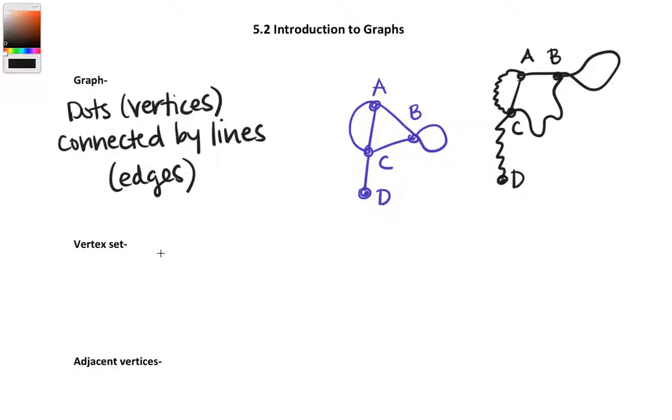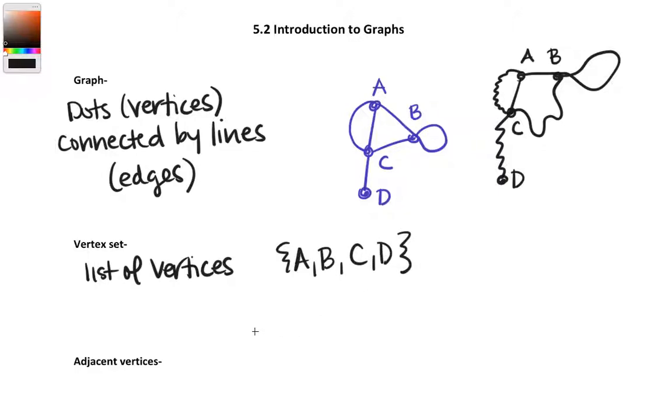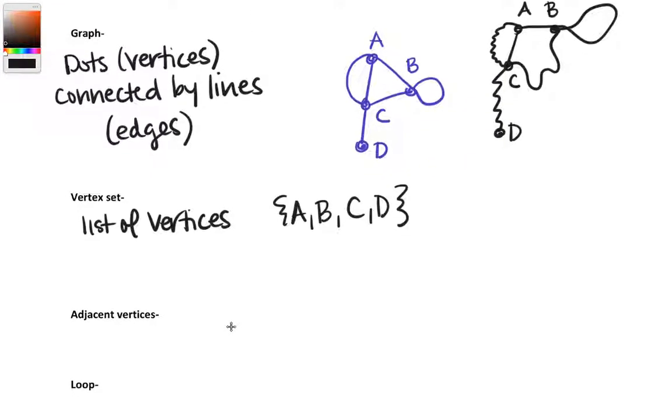Vertex set of a graph. It's just a list of the vertices. So in our example above, our vertex set would be A, B, C, D. Adjacent vertices are vertices that share an edge.